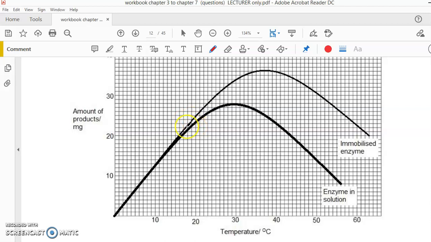Because we know that enzymatic reaction increases as the temperature increases, but after that we can see that the curves of the two enzymatic reactions go the other way around, okay, because we can see that the amount of product is different.